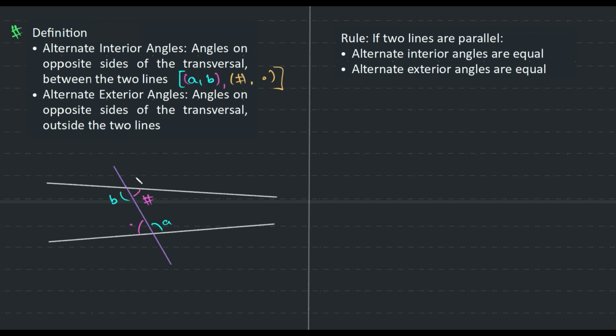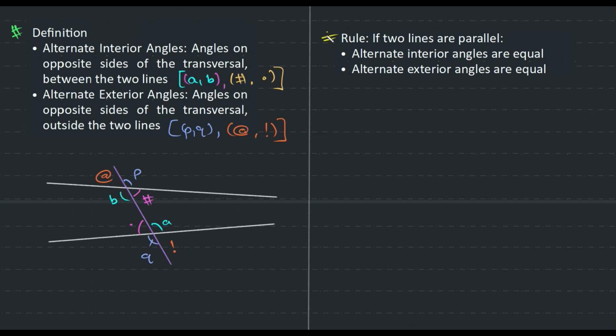Your exterior angles are, say, P and Q. So P, Q is one pair. The other pair is this one and the asterisk symbol, right? Okay, so those are your examples.